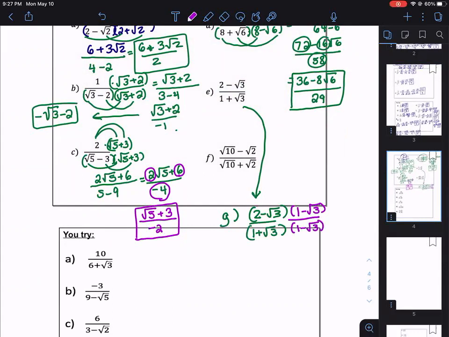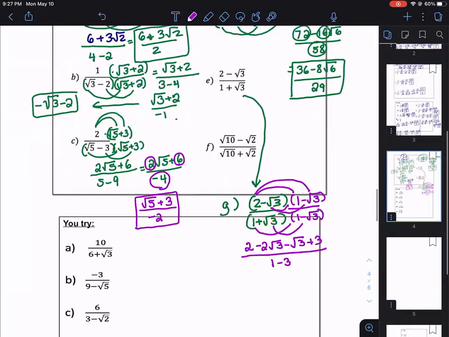Okay. So starting from the distributive property, 2 minus 2 radical 3 minus radical 3 plus 3 all over 1 minus 3. The 3 and the 2 will combine to a 5.